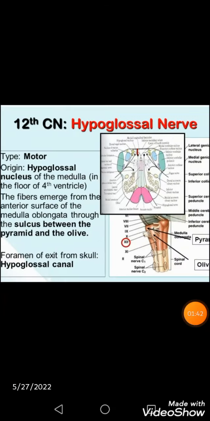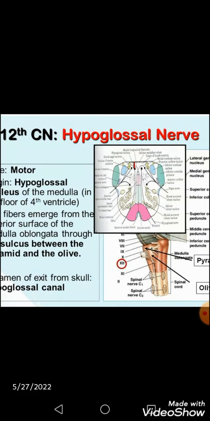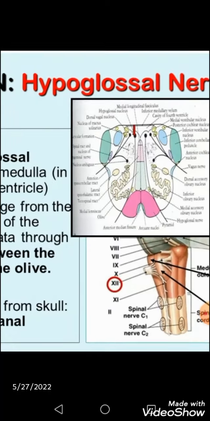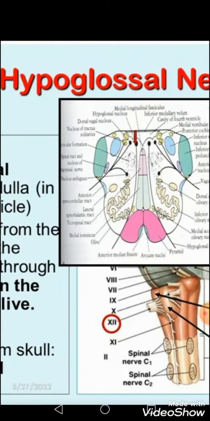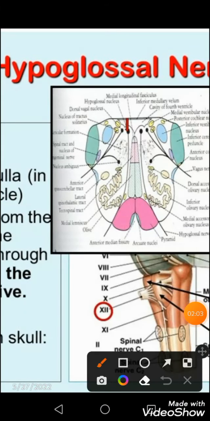So in repeat, you can see that your hypoglossal nerve is motor, passes through the hypoglossal canal when it has to exit through the skull, and when it is inside your medulla, it runs through the anterolateral sulcus and in between the olives and the pyramids.